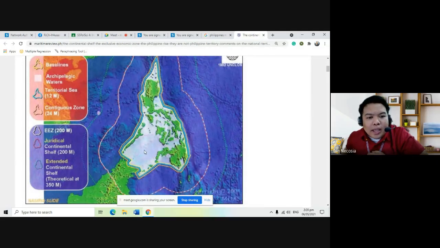And the white, okay, the white color or this bodies or sea, body of water in white color, this refers to our archipelagic water, meaning we are the sole country that can conduct fishing, that can exhaust all our economic activity in this archipelagic water. And the blue line, which is 12 nautical miles from our baseline, this refers to our territorial sea.